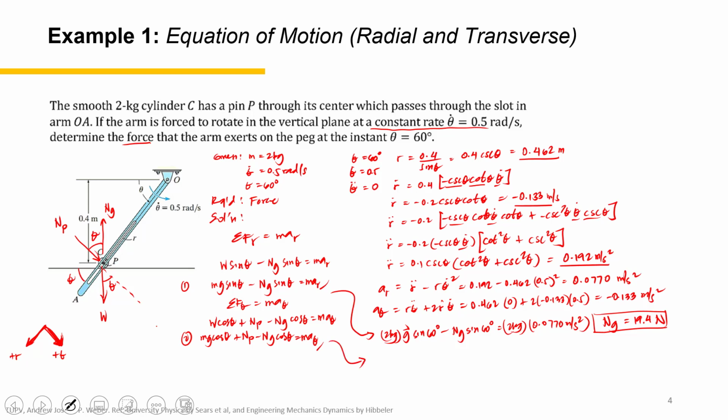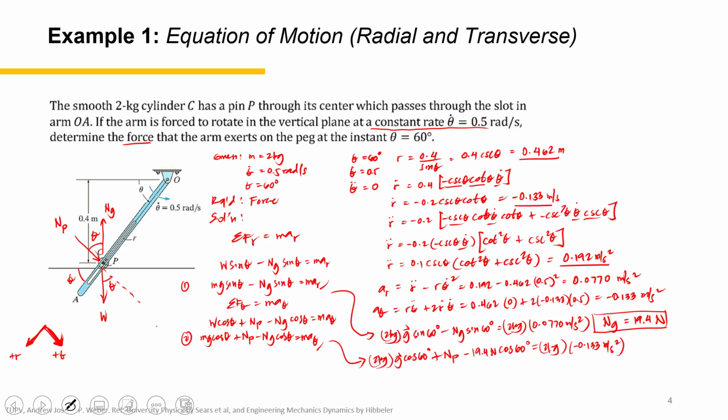Here, let's continue, and that would be 2 kilograms multiplied by the gravity cosine 60 degrees plus NP minus, of course, the NG, which is 19.4 Newton, times the cosine of 60 degrees is equal to 2 kilograms times the A_theta, which is negative 0.133 meter per second squared.